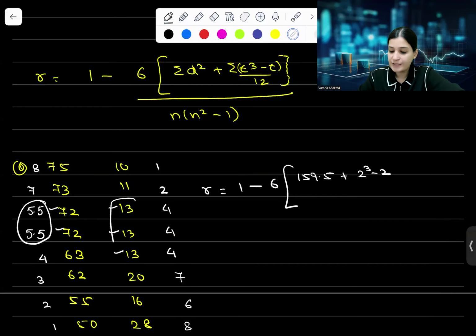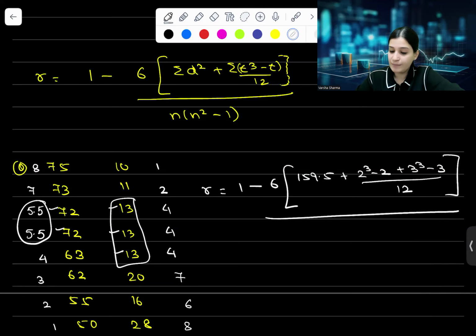Then three 13s got tied, so T will be 3: 3 cube minus 3, divided by 12. Then the whole thing divided by n, n square minus 1.